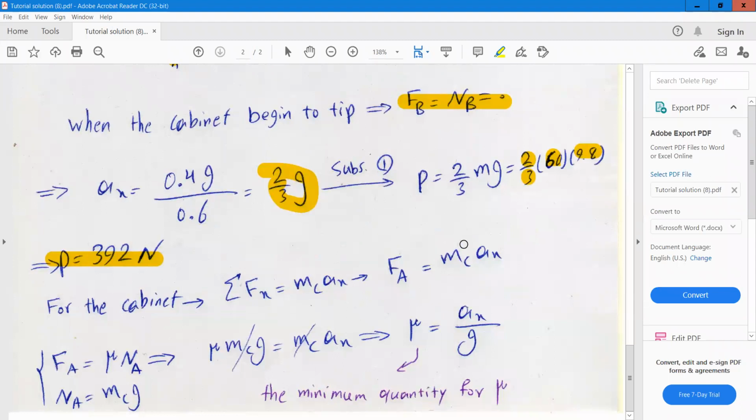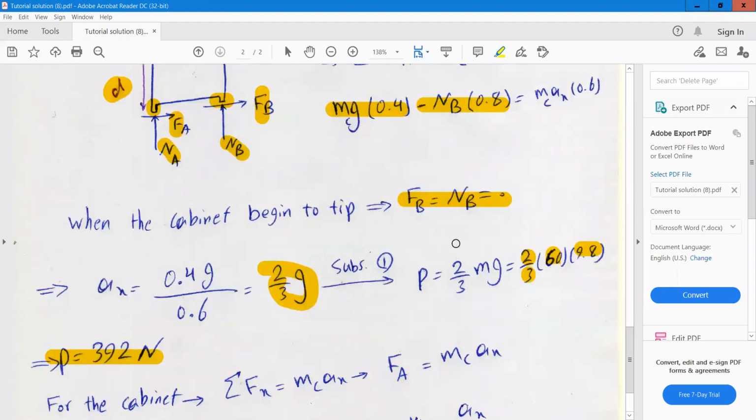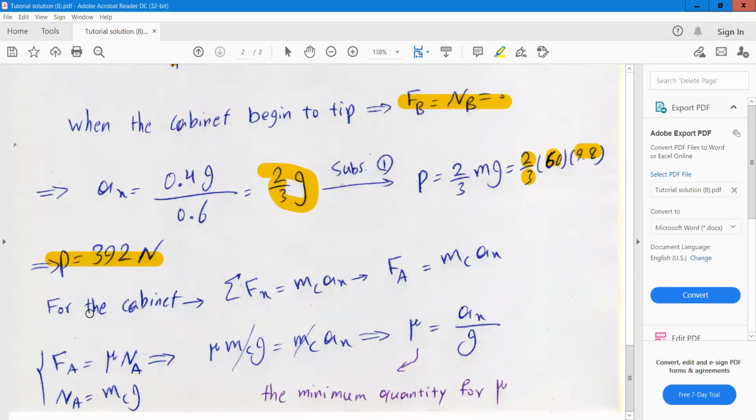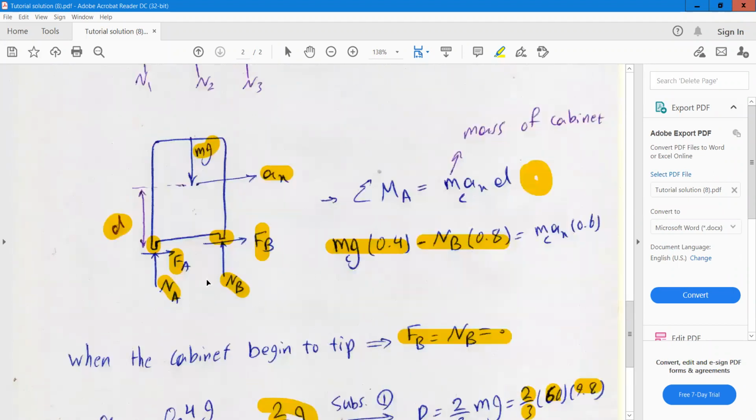Now we can obtain the required friction force. Again, if you write the force equation in x direction for the cabinet, in this free body diagram, you can see F_P and B are equal to 0. So in x direction, we only have this force F_A, and it's equal to mu_s times N_A.